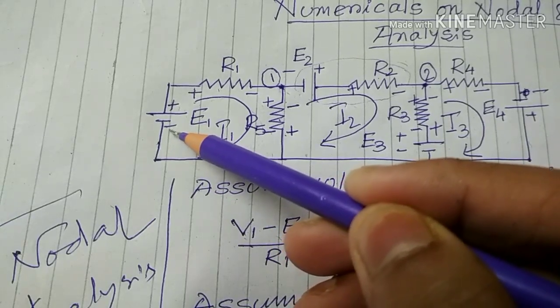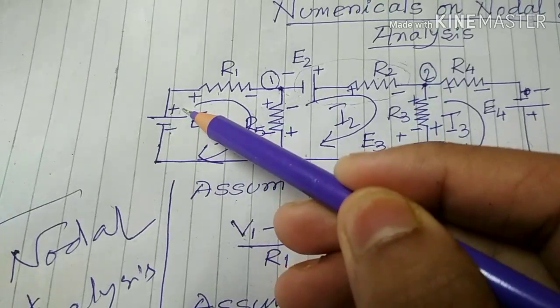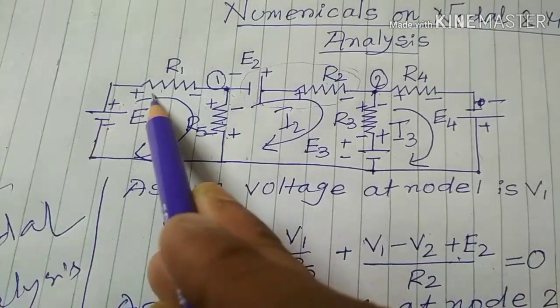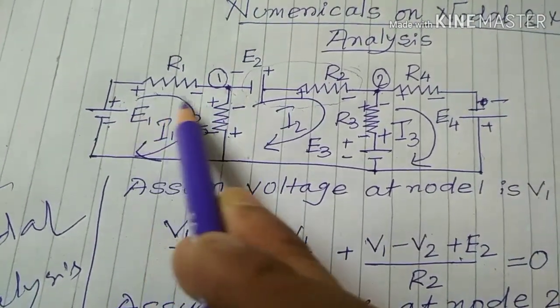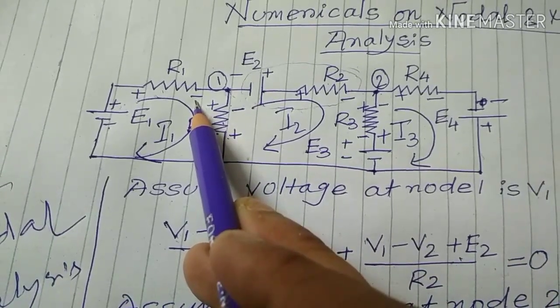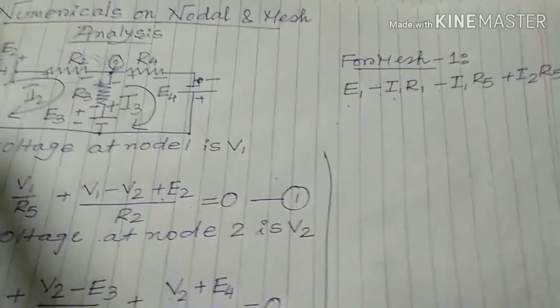The voltage is gaining, minus to plus, so this is positive E1. Then the current through resistance R1 goes plus to minus, so this is a decrease, so minus I1 R1.